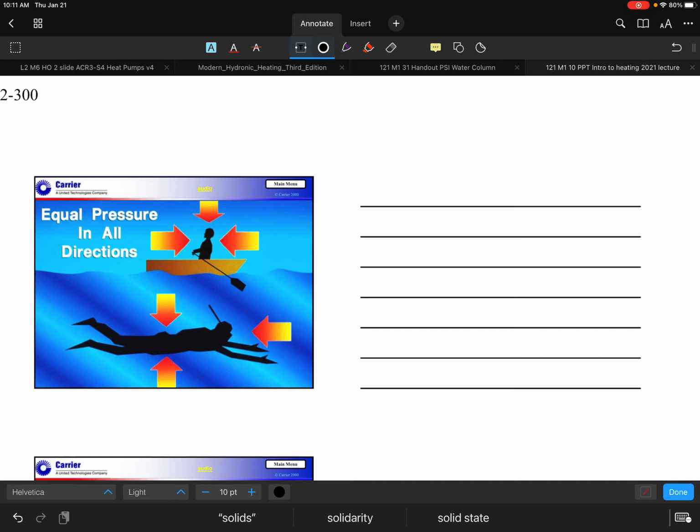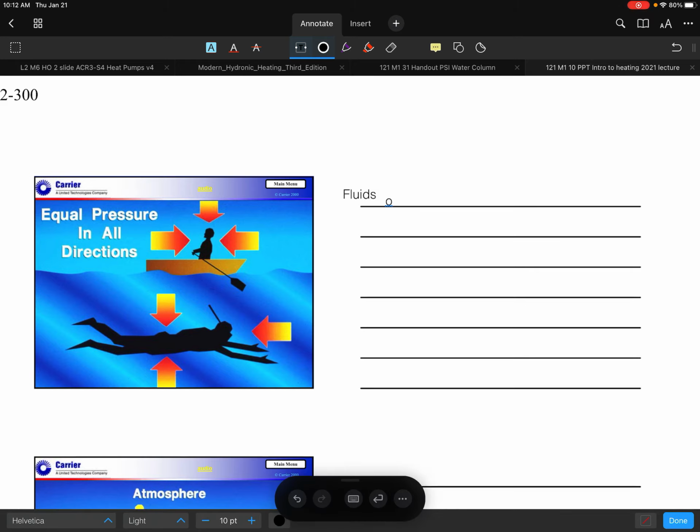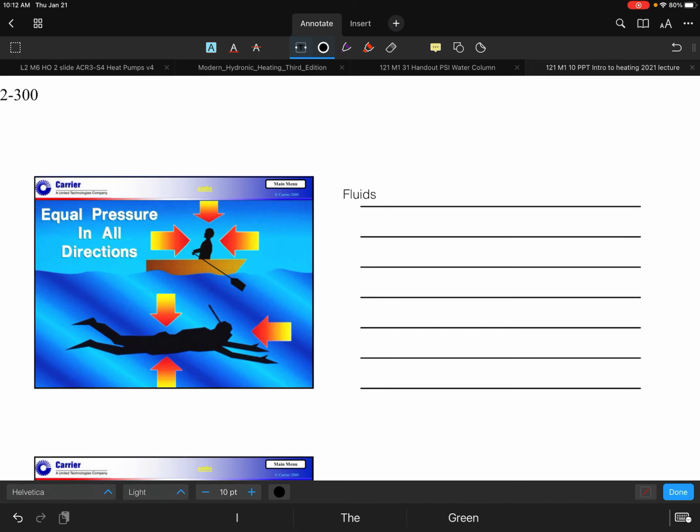The one thing to remember, with basically all fluids, is that they will apply equal pressure in all directions. So all of these fluids will do that.